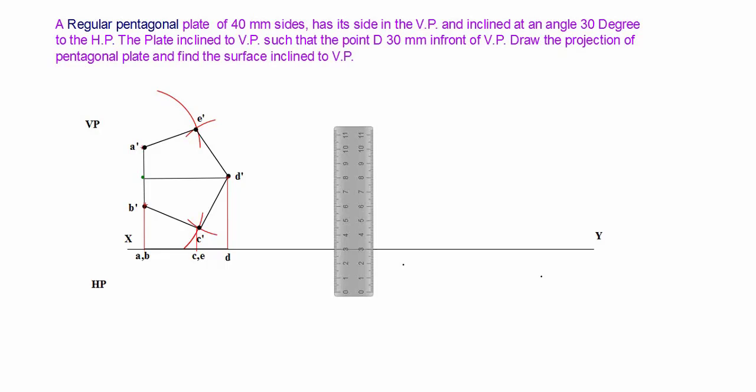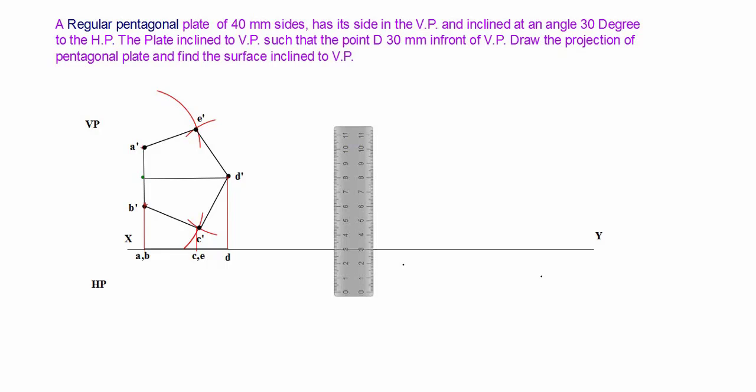We try to arrange our pentagon with the condition that the highest point D is 30 mm in front of VP, and one side, the side AB, is resting in VP plane. After completing the second stage, you can get your answer, the surface inclined to VP.